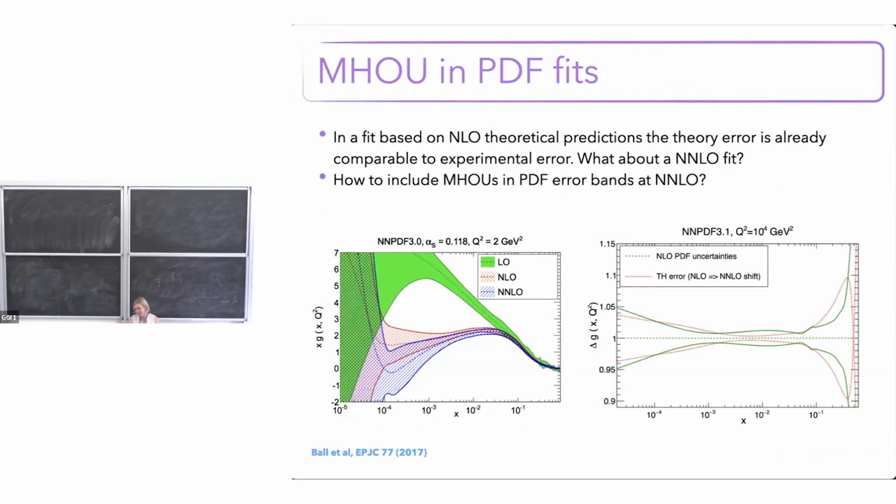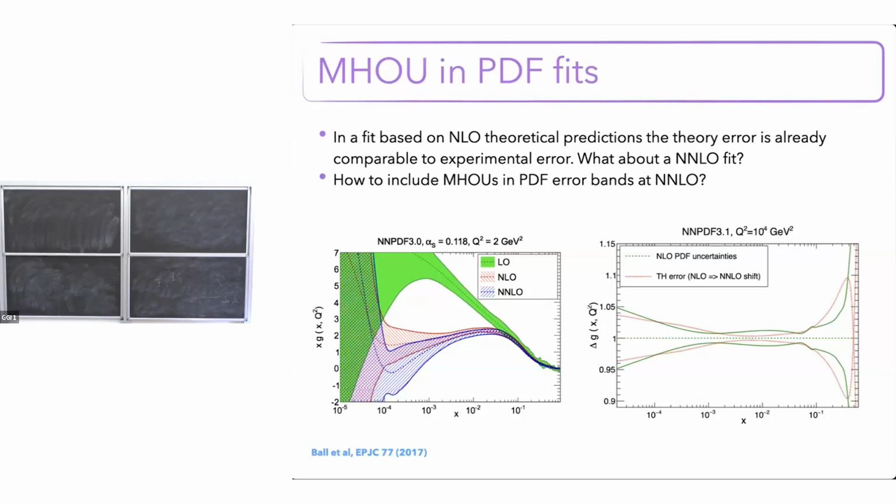And in fact, it's used very often in the Monte Carlo, in the parton shower, and very often you use, anyway, whatever. But anyway, there is a huge theoretical uncertainty going from leading order to next to leading. And then you evaluate what is the shift in the gluon going from next to leading to next to next. And this can give a measure of the theory error at next to leading order, okay?